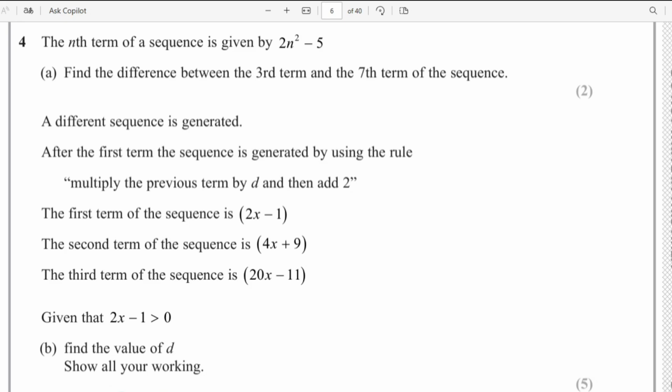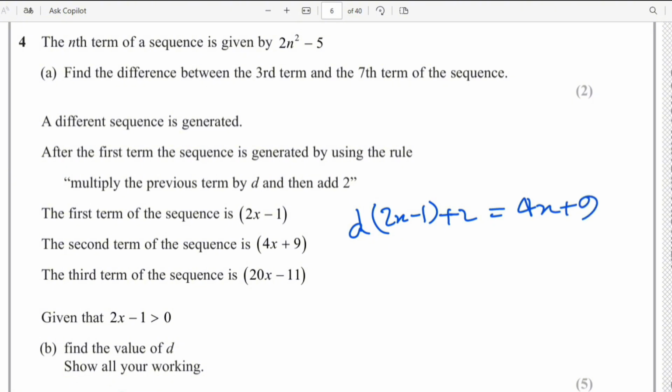The first term of the sequence is 2x minus 1. So, if we multiply this term by d and then add 2, we should be getting the second term, as the question states.